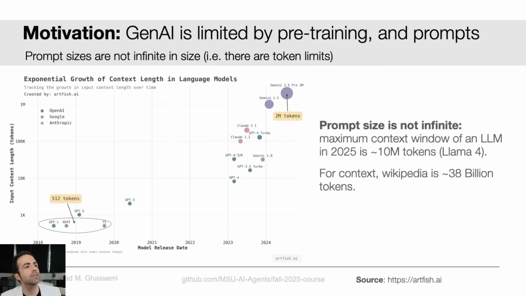Okay. Another challenge with generative AI systems is not just at the level of the training, but also in the way that they can be prompted. The prompt size of a large language model is not infinite. I can include a certain amount of instruction.